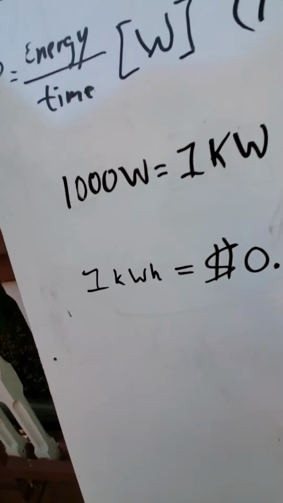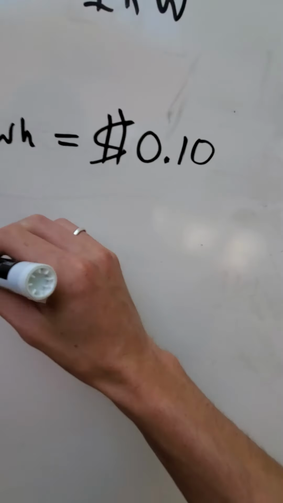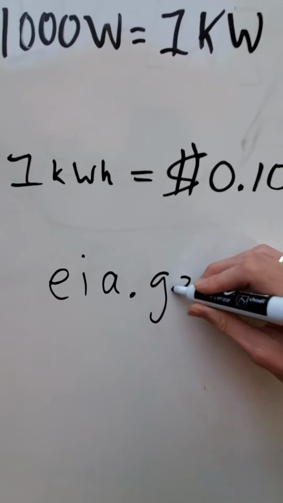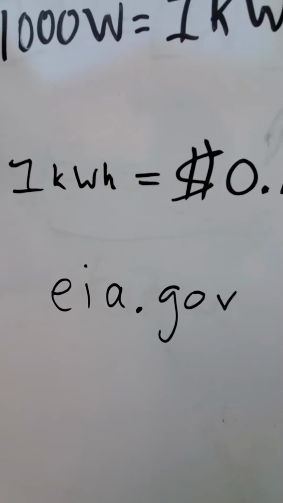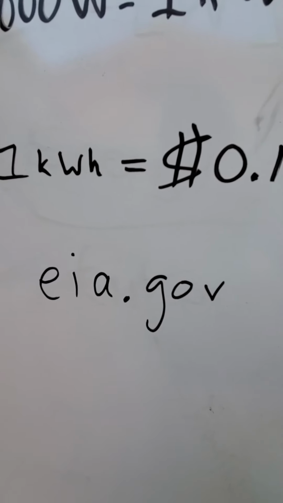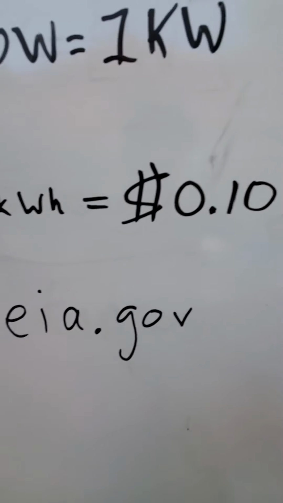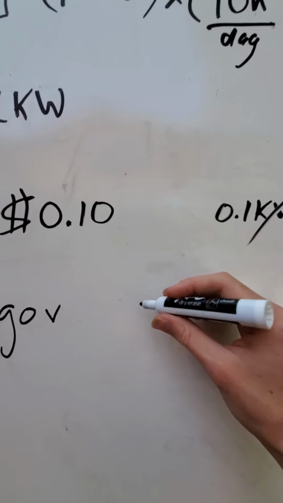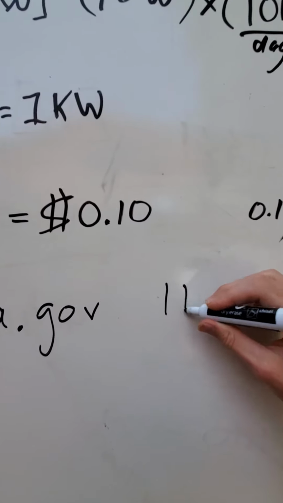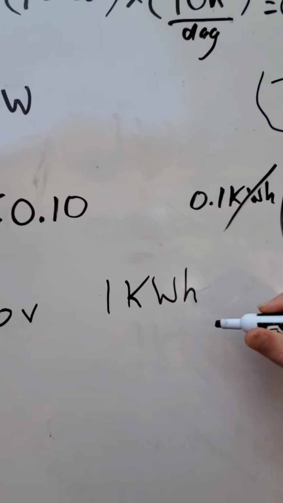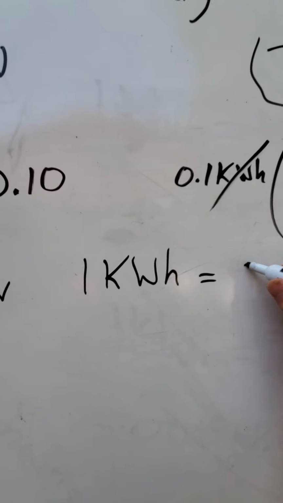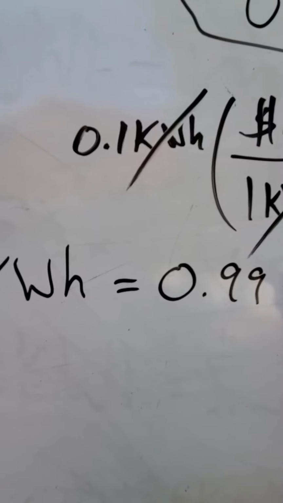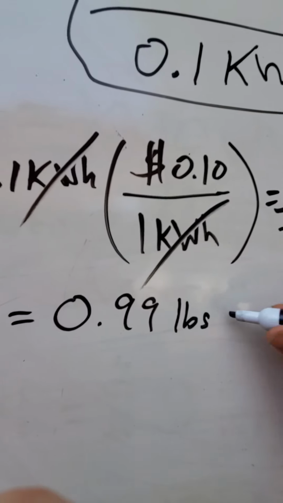So there is a website called EIA.gov that I believe is the Energy Institute of America, and according to them, every kilowatt hour of energy that we use creates about 0.99 pounds of CO2.